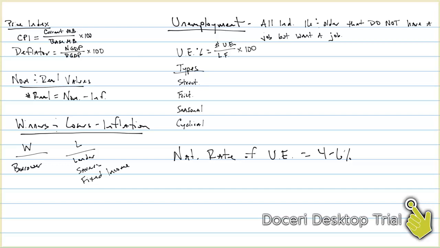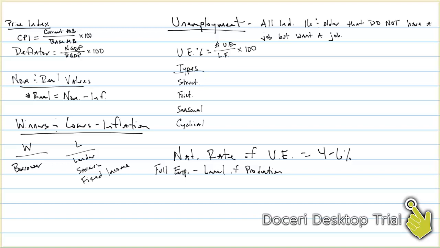One thing I want to put down here, because I've had several students ask me questions about this, is the concept of full employment. So what we need to know is that full employment, by definition, is a level of production.